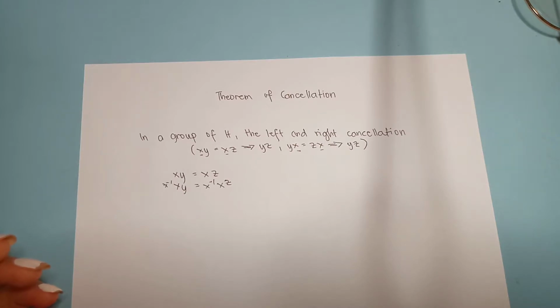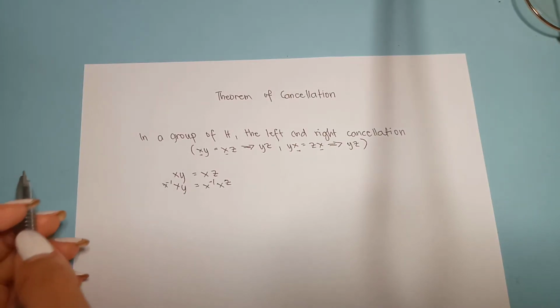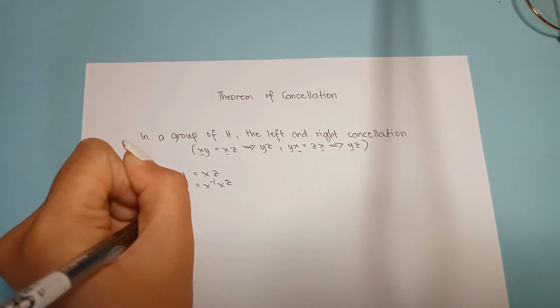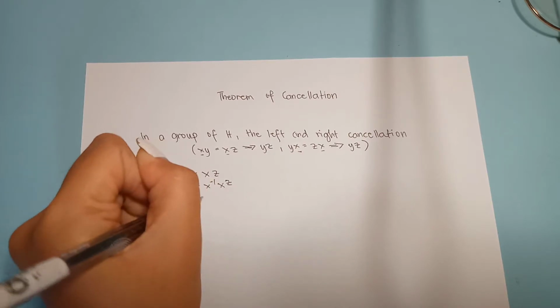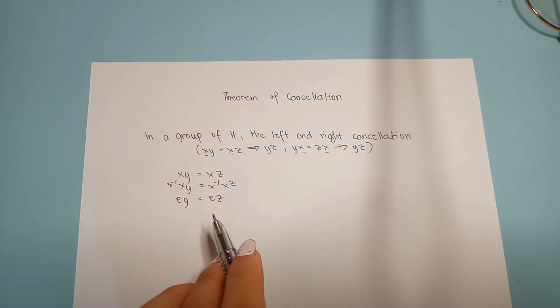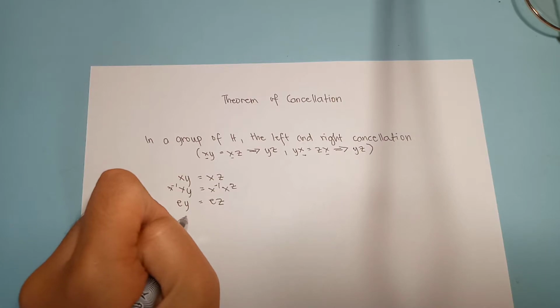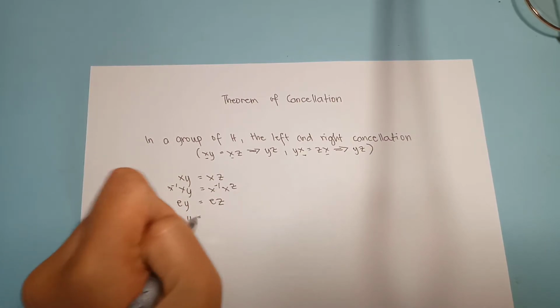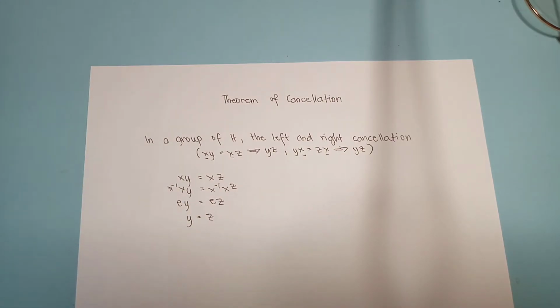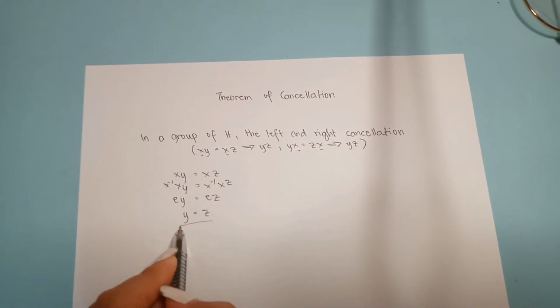So I've got the identity y is equal to the identity z, like that. And the identity times an element is just the element itself. So we got y is equal to z.